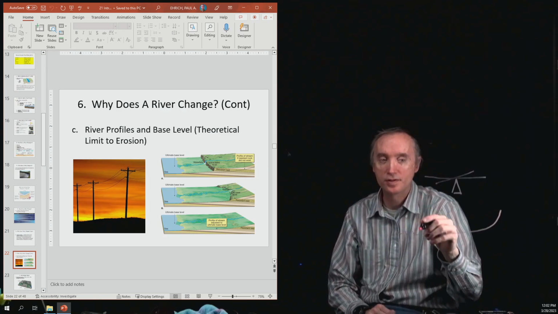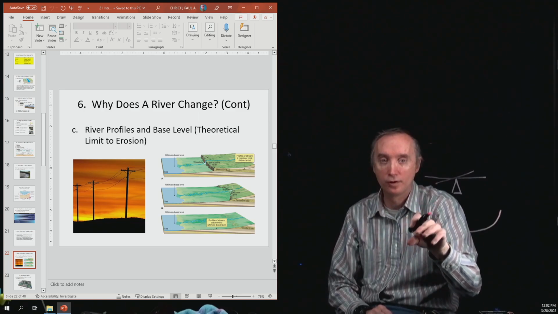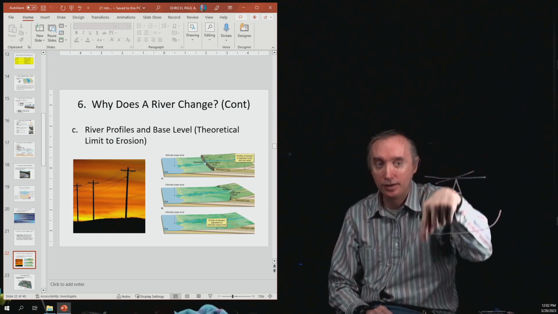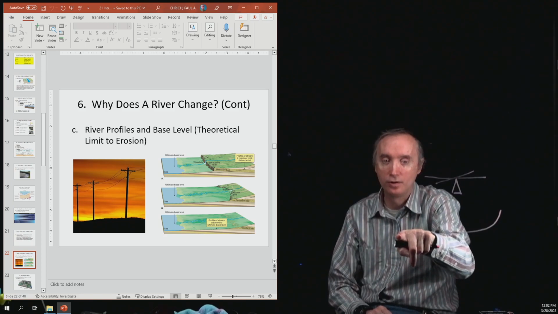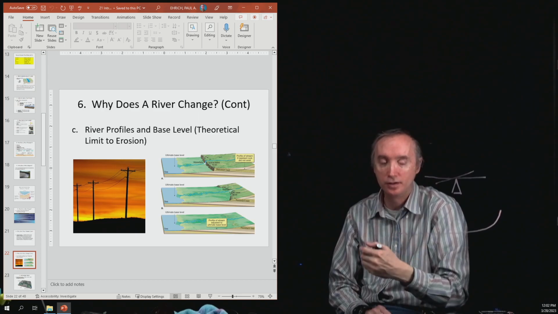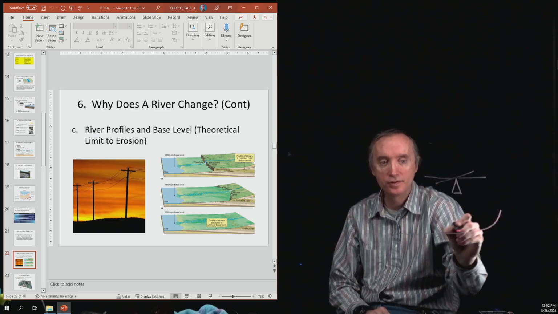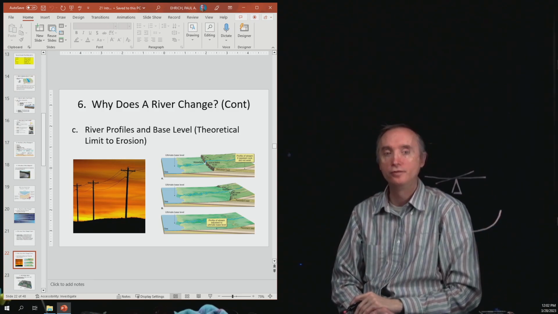This is the ultimate base level for a river system. It's the base; it can't go down any farther than the base. The ultimate base level for a river is when it enters an ocean. This characteristic curve here is called the river profile.